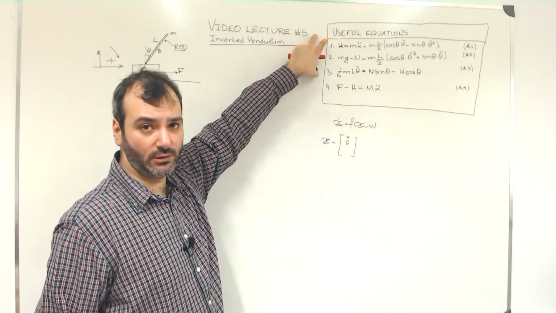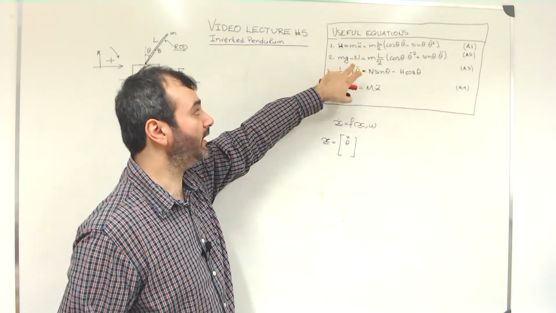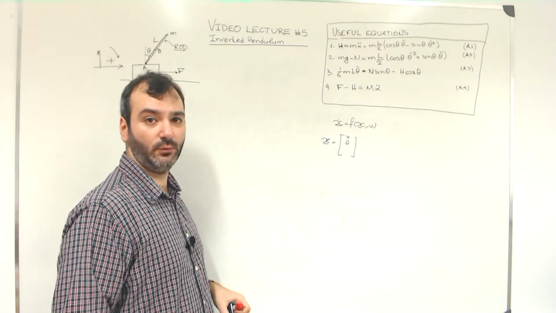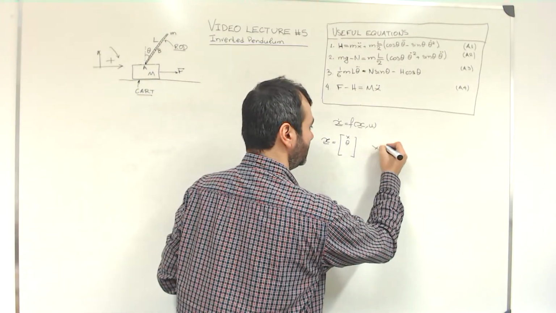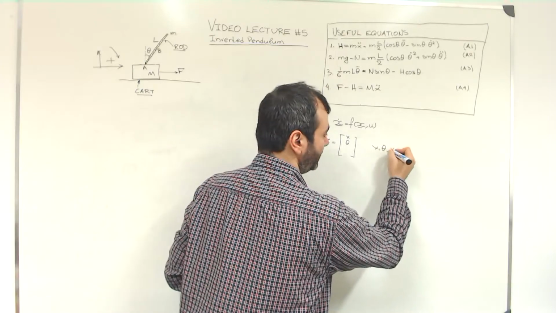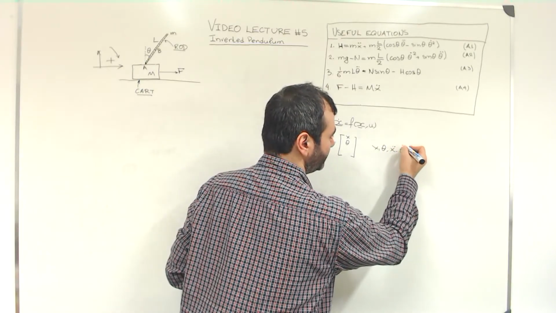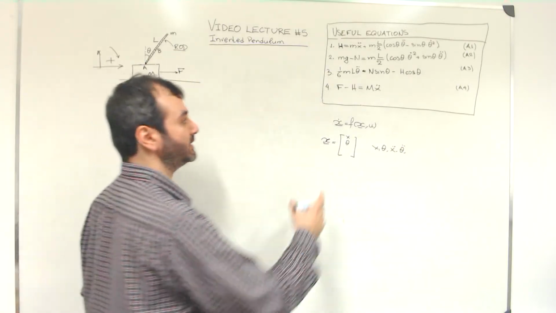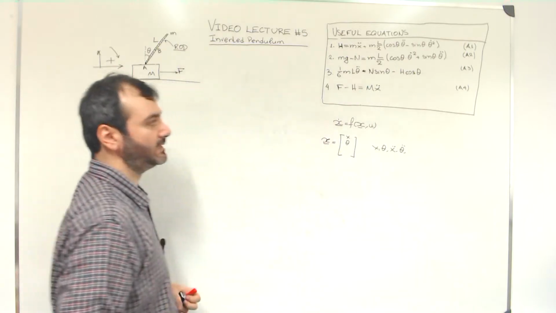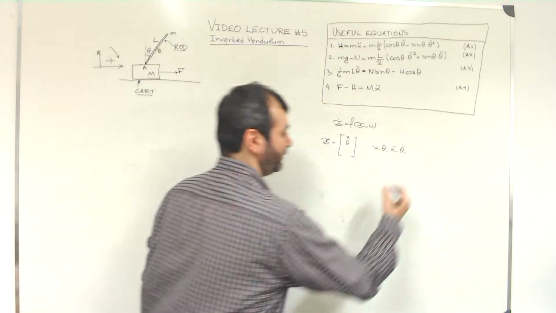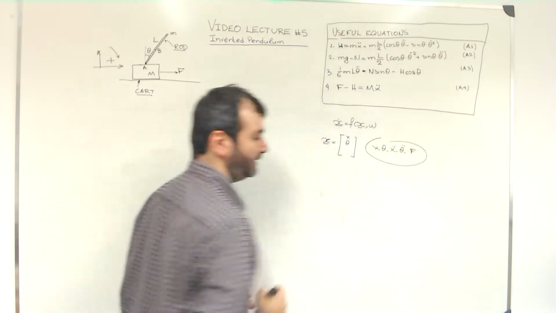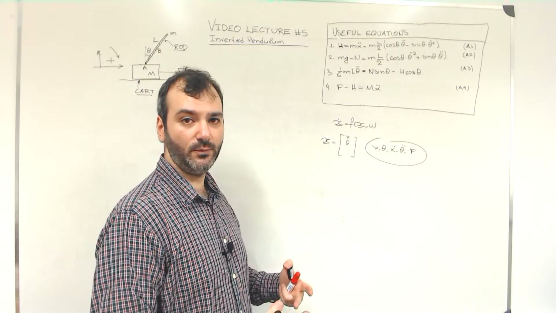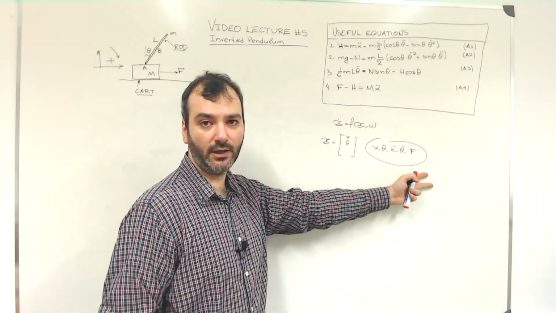So we have 4 equations. We will eliminate the unwanted variables H and N, and we will end up with 2 equations that will involve only x, theta, and their second derivatives, and perhaps first derivatives, but only these terms, and constant parameters such as M, m, l, and the input variable F. That is to say, we will have an ordinary differential equation in the form we expect it to be, in the form we encountered in all other examples.